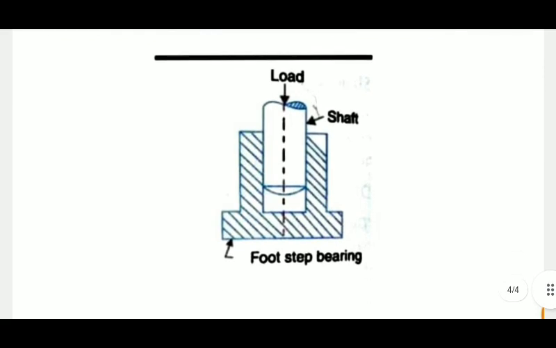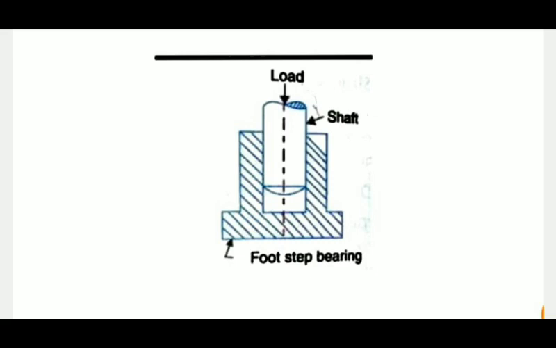In the figure you can understand very clearly that there is a footstep bearing, and a shaft enters into this bearing. If we do not apply the load, in such a case the shaft rotates about its own axis, and it can also move along its axis to and fro.